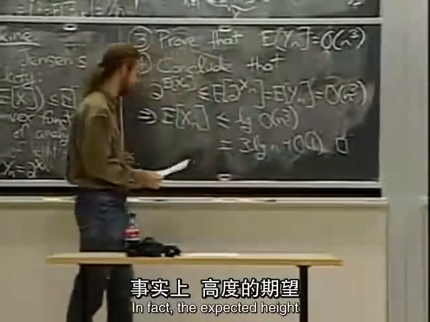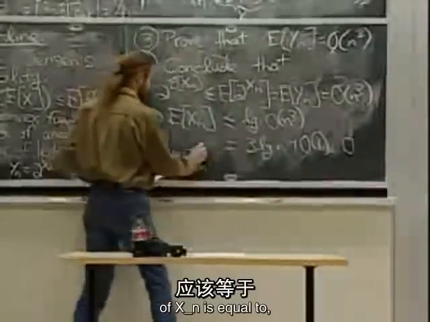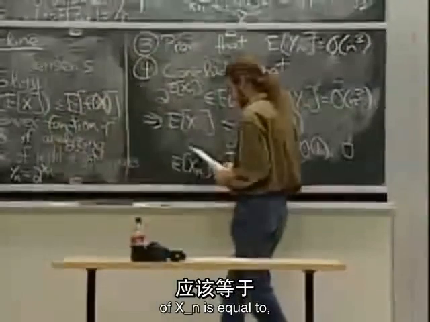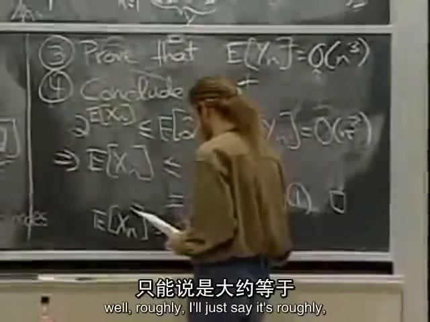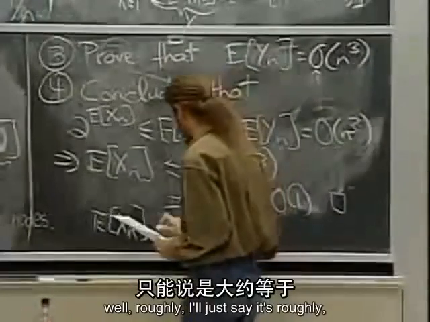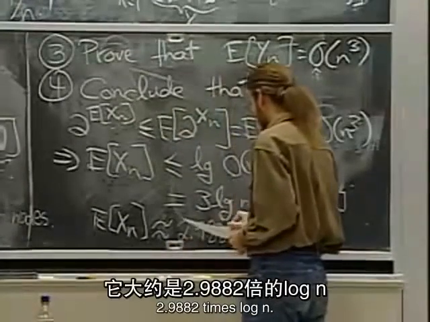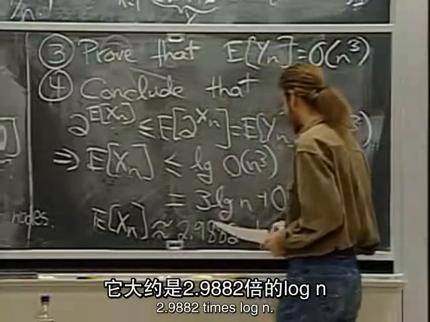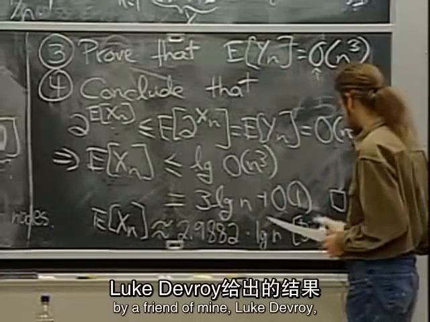In fact, the expected height of xn is equal to, well, roughly, I'll just say it's roughly. I don't want to be too precise here. 2.9882 times log n. This is a result by a friend of mine, Luc Devroye.